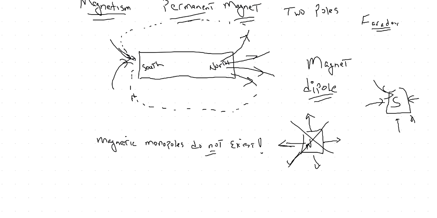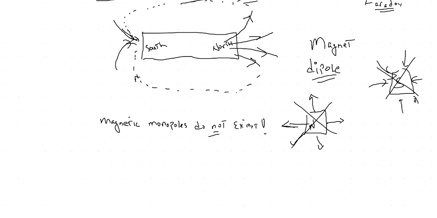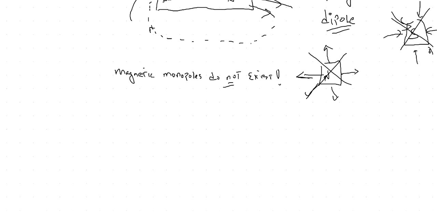No magnetic monopoles. We always see a dipole. And again, we have the same rule that we followed for electricity, that opposites attract, and the same poles would repel.